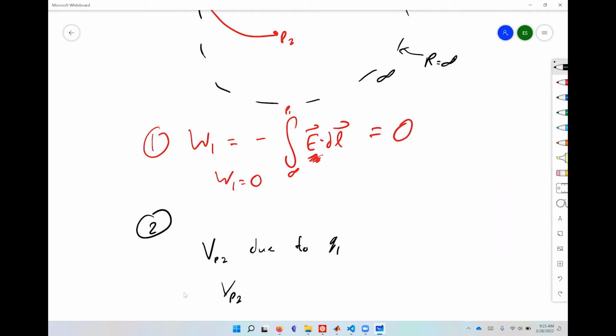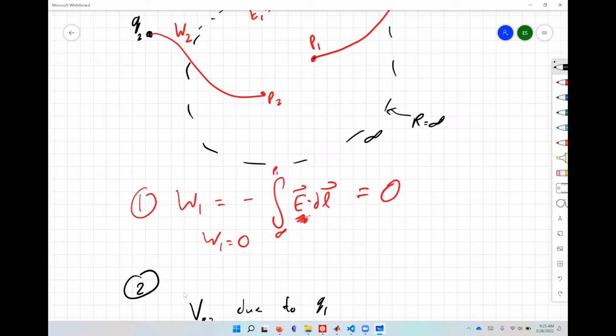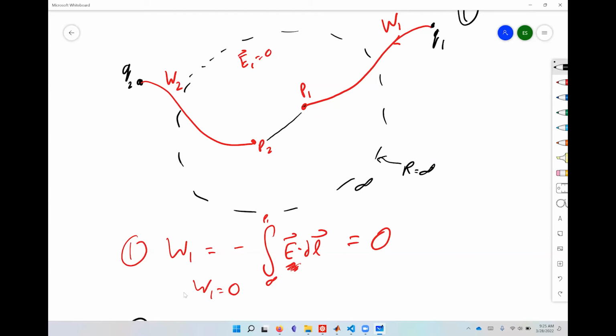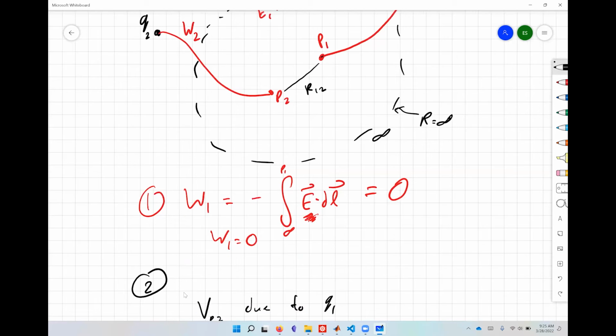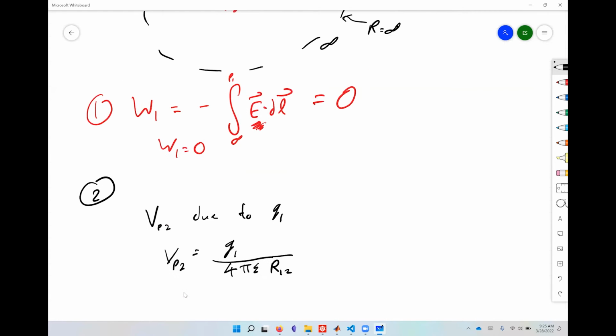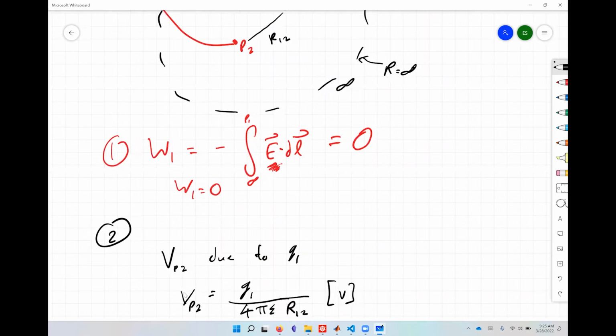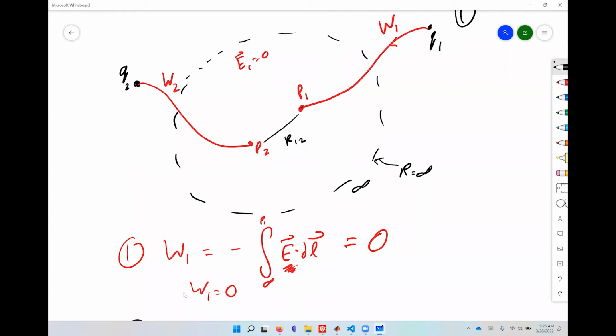So V at P2 due to Q1, we know this already, is Q1 over 4 pi epsilon times the distance between 1 and 2, R1,2, volts. So this is the voltage at point P2 due to Q1. From the definition, voltage is essentially a measure of the energy required to move a charge from infinity to that point.